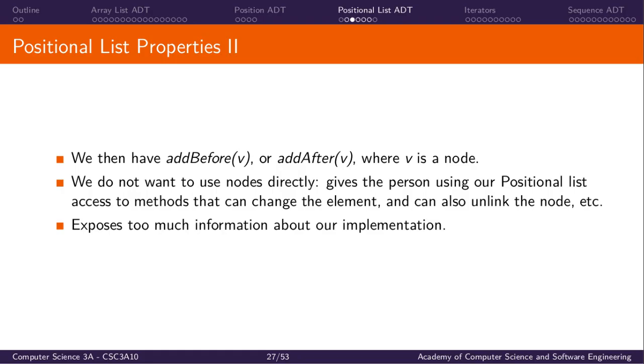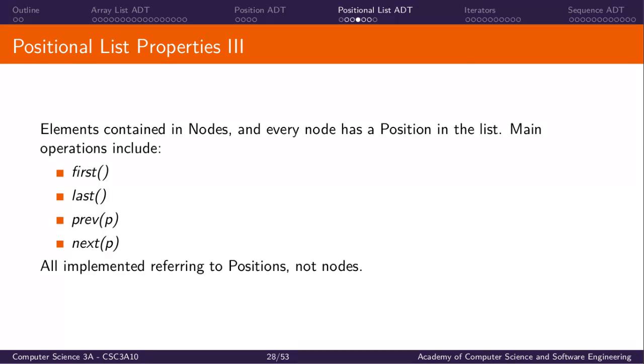Right, so exposing a node exposes too much information, whereas if we simply expose a position, that does not expose that. And so for our positional list, all our operations will refer to positions, not nodes. So now you'll see first and last, right? Those will return positions storing the first and last element in our list. Previous P and next P refer to positions, not nodes.